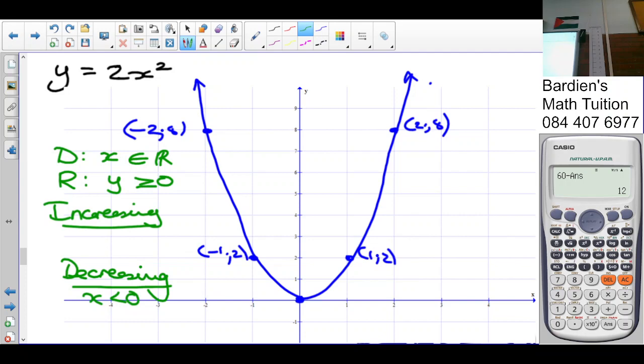Let's see what happens here on this side of the graph. What's happening? The graph is increasing. So where is the graph increasing? For x is more than 0. Nice. You guys understand? Right. So x is more than 0.